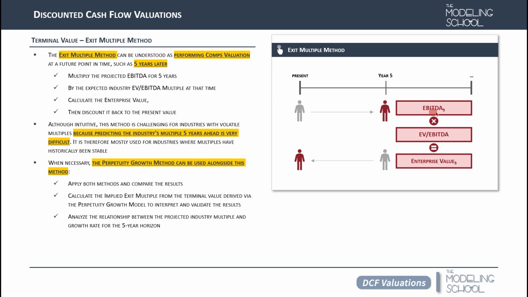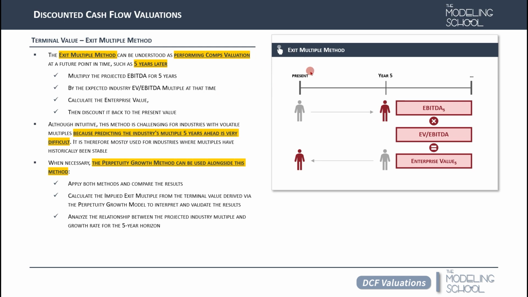And for the second, we reverse engineer the EV/EBITDA multiple using the given EBITDA, because we already have the EBITDA, we can recalculate the EV/EBITDA multiple, and this concept is usually referred to as the implied exit multiple. So it tells you how much multiple, in multiple terms, you're assuming given the estimated or assumed terminal growth rate.